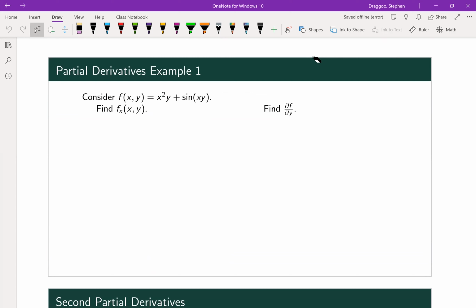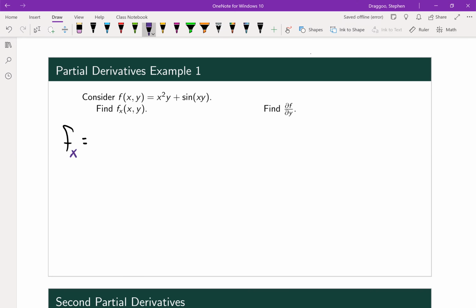Okay, so for a multivariable function that's x squared y plus sine xy, we want to find first the partial derivative with respect to x, and then second the partial derivative with respect to y. So if we were to do f partial x, again, we're just going to be treating x as the only variable, y is going to be a constant.